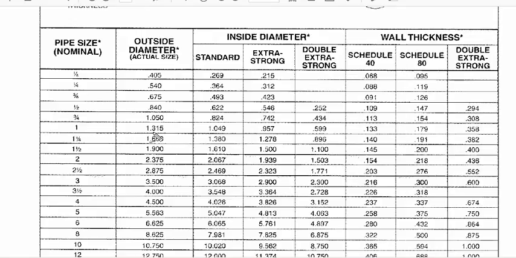Let's say you go order a 3/4 inch pipe. The outside diameter is not 3/4. How about that? The inside diameter, you're going to notice, is closer to the 3/4 inch. Look at this though: the extra strong is even closer, and the double extra strong is there.